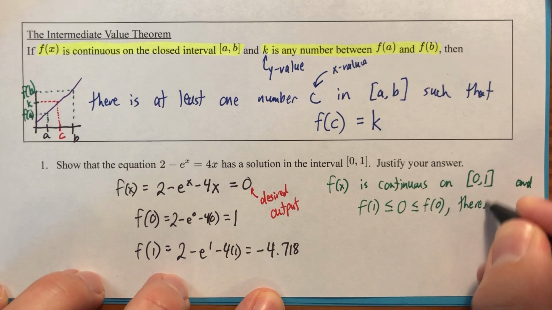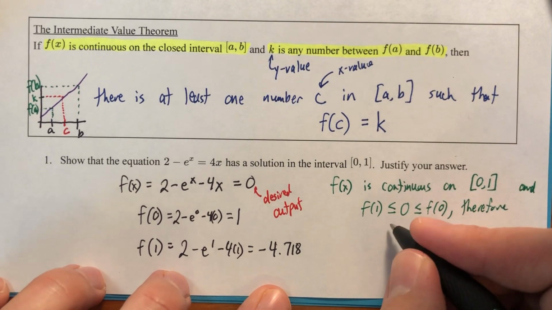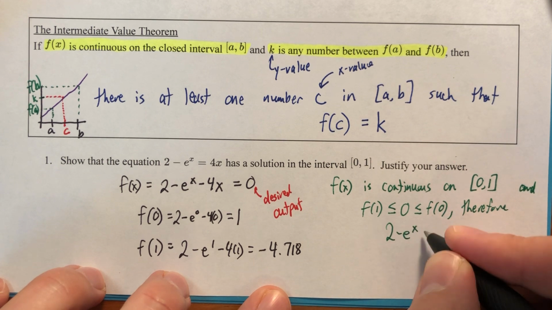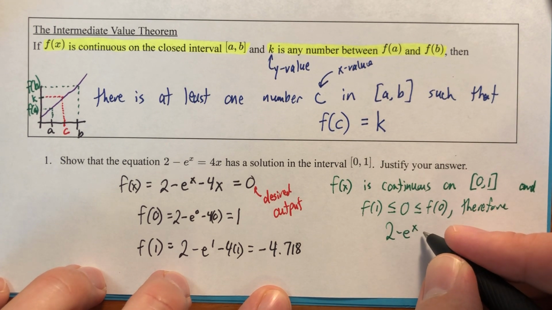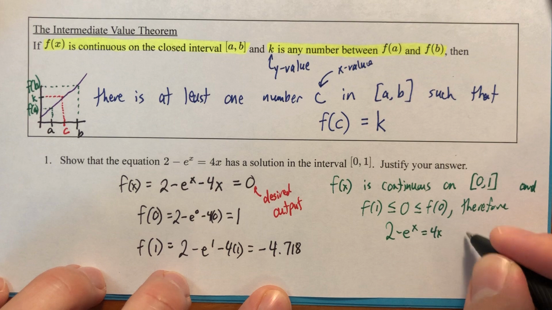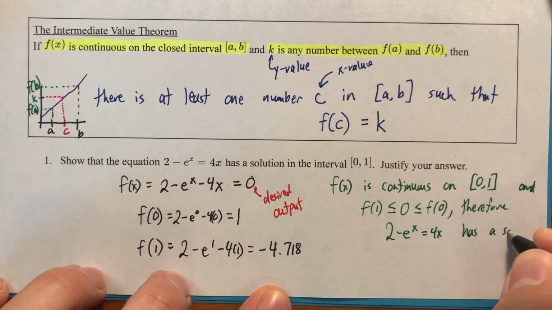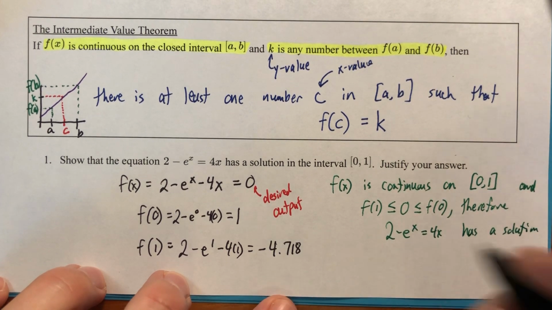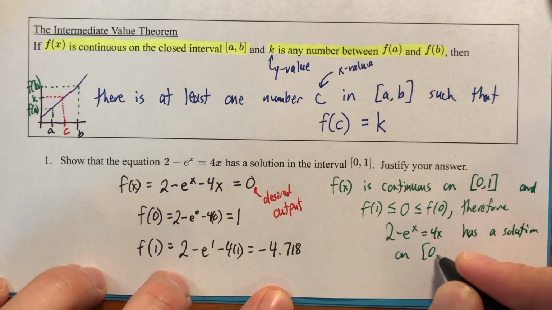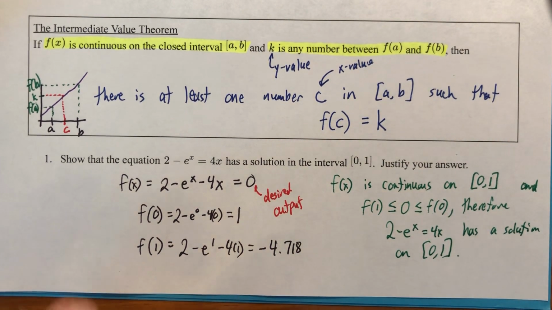Therefore, 2 minus e to the x equals 4x has a solution on the interval from 0 to 1. What is it? Don't know, but I guaranteed that it existed.